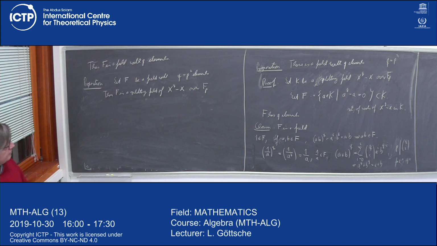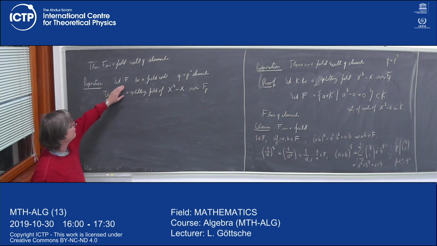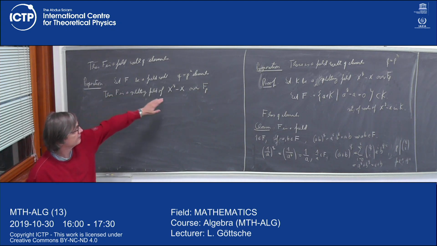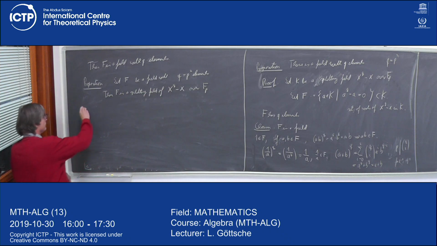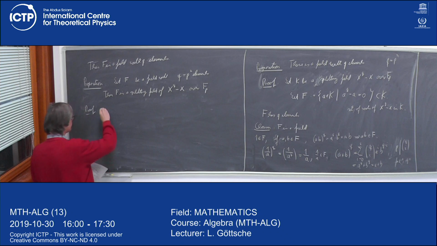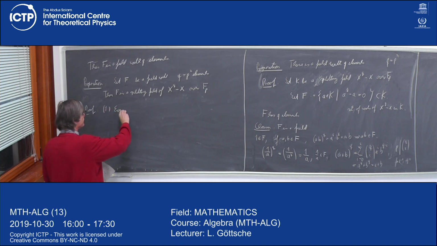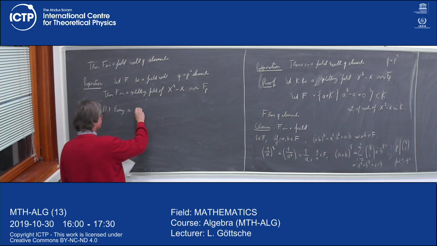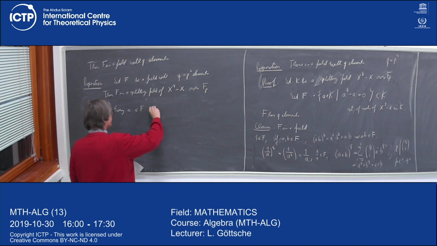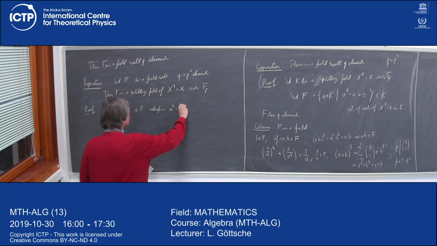So first we want to see that every element of F has to satisfy this equation. So first, every A in F satisfies A to the Q minus A is equal to 0.